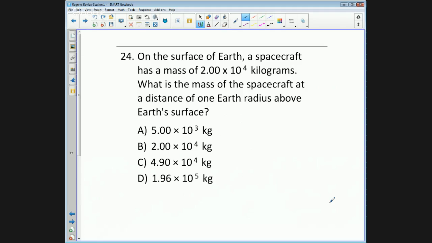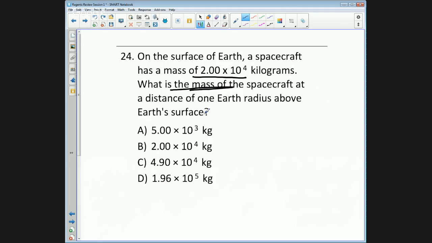24 says, on the surface of Earth, a spacecraft has a mass of 2 times 10 to the 4 kilograms. What is the mass of the spacecraft at a distance of 1 Earth radius above Earth's surface? This is another trick question. It's asking for the mass, and it gives you the mass: 20,000 kilograms.